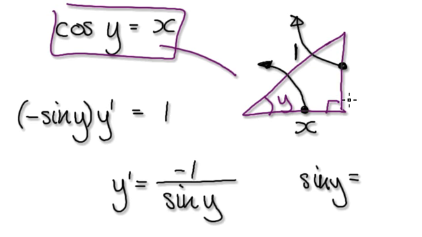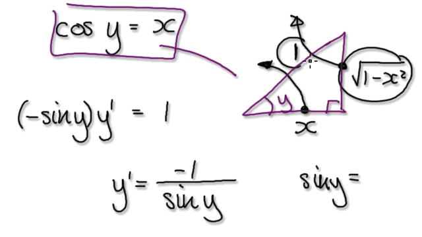What's this length? Using Pythagoras, it would be root of 1 squared take away x squared. So it's going to be this divided by the hypotenuse, which is 1, so it's just going to be this. So sine y equals root of 1 minus x squared.